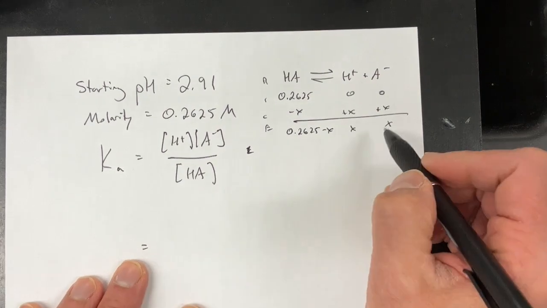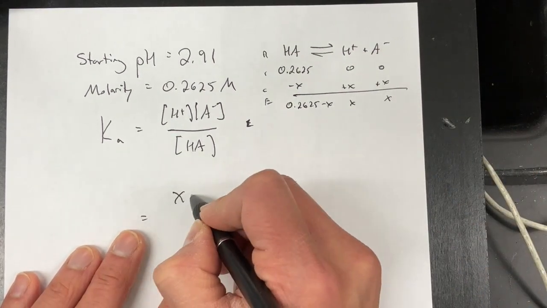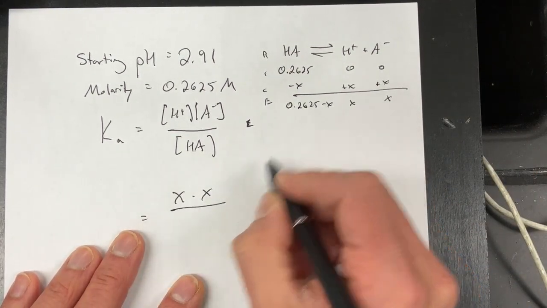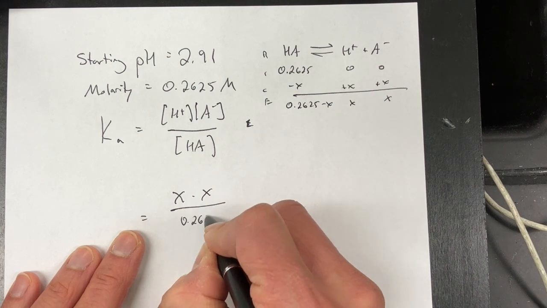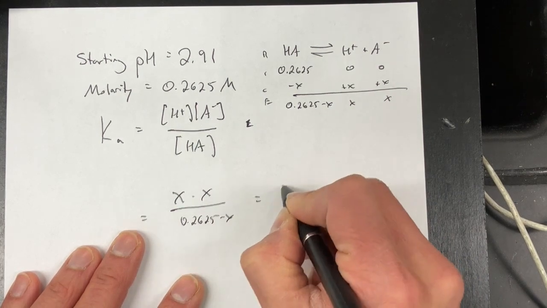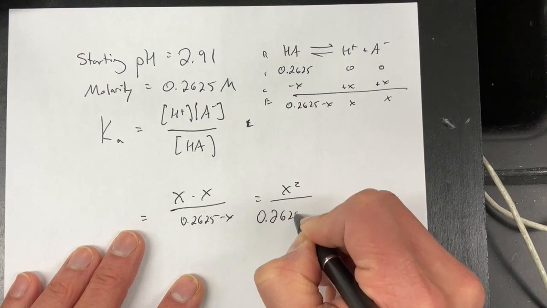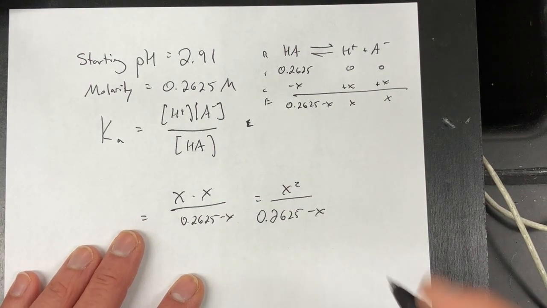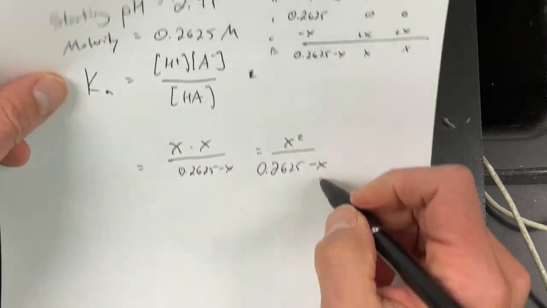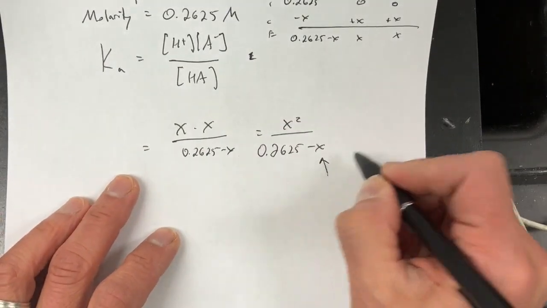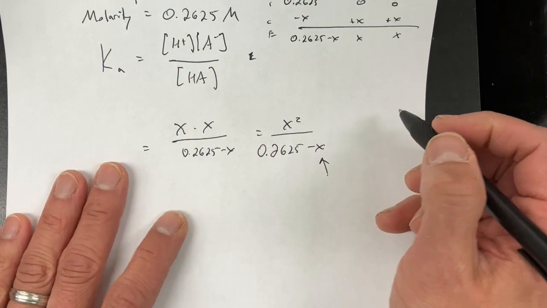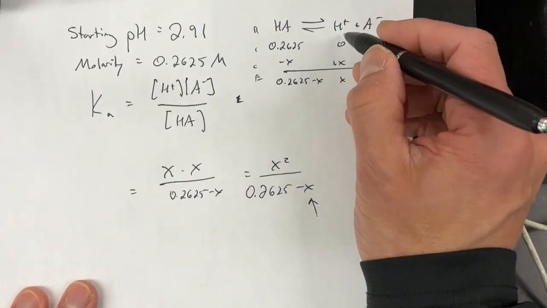Then I can see that this is X times X all over 0.2625 minus X, which is X squared over 0.2625 minus X. Well, how do I get X? X is H plus.